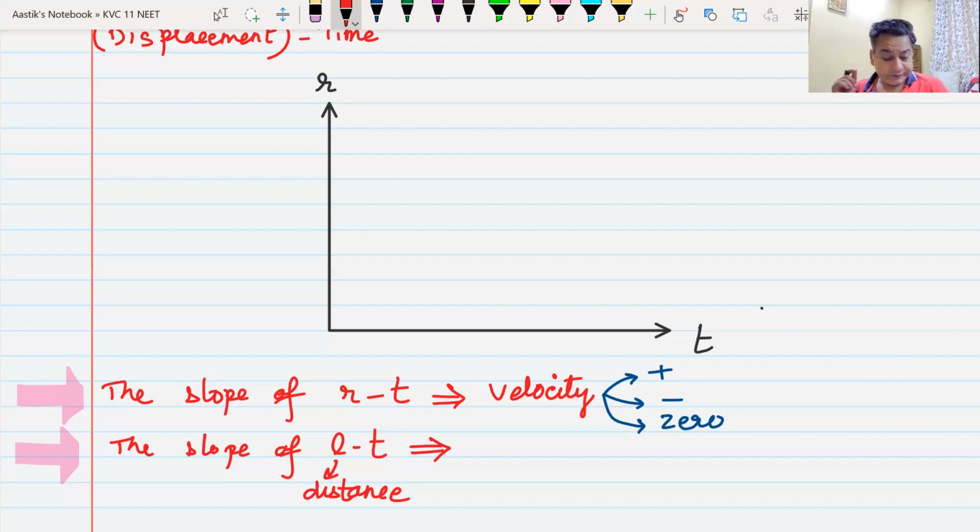I'm waiting, beta. The slope of position time graph gives me velocity. What does the slope of distance time graph give me?